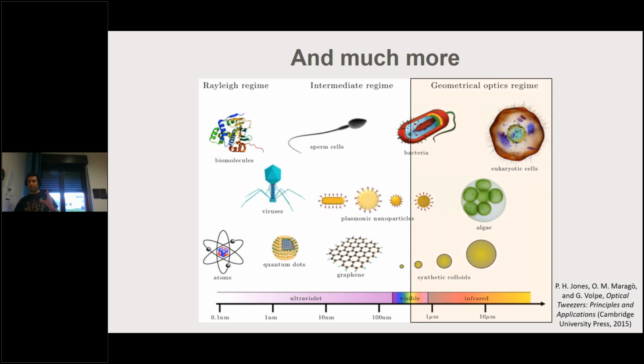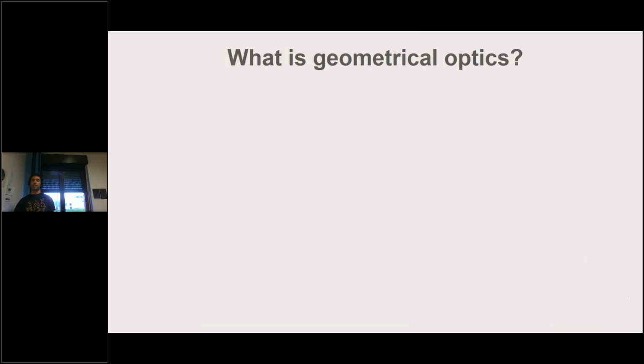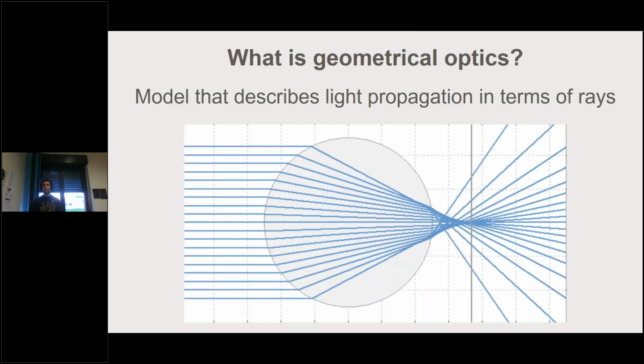Today, I'm going to focus on the kind of particles we can trap, and this can be explained by the geometrical optics regime. What is geometrical optics? Well, this is the kind of optics we usually study in high school. We can describe the light as a series of rays.